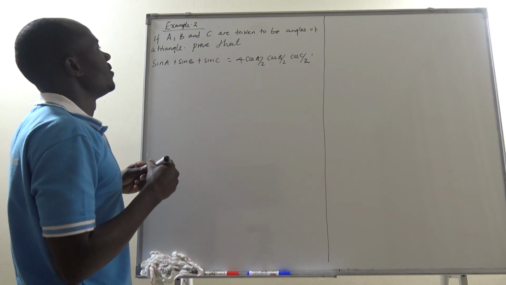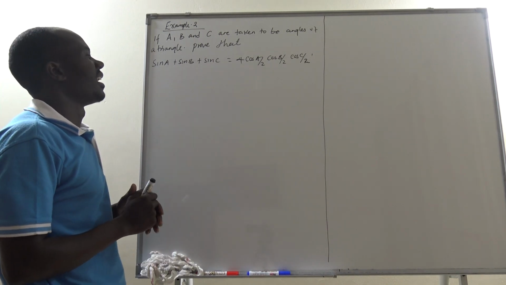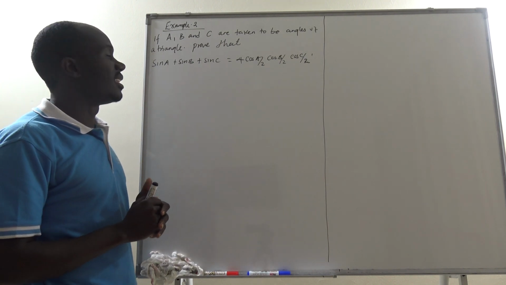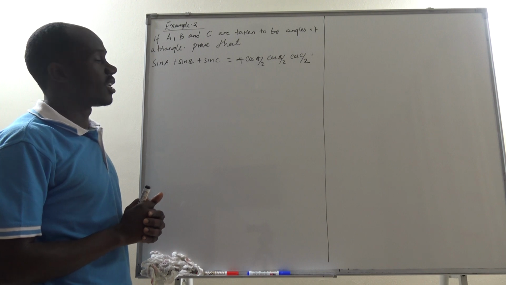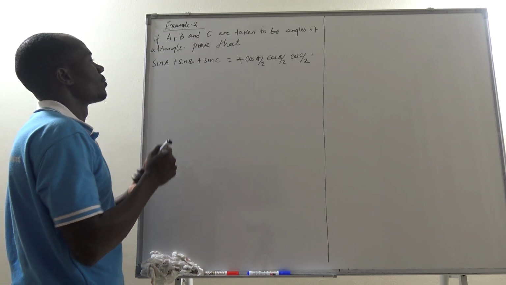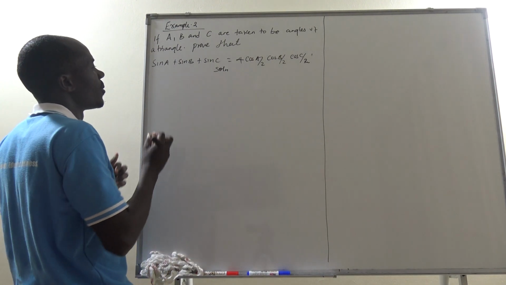So they are saying that if A, B, C are taken to be angles of a triangle, prove that sin A plus sin B plus sin C equals 4 cos A by 2 cos B by 2 cos C by 2. So what do we know about the angles of a triangle?